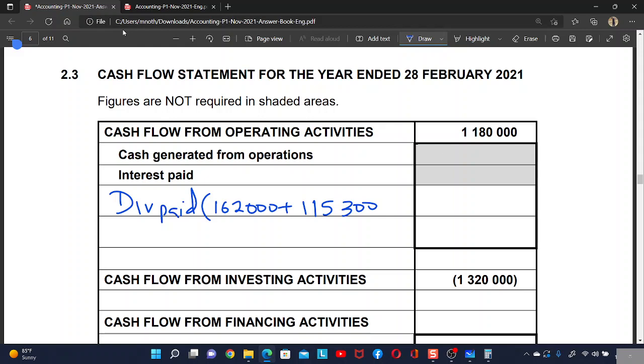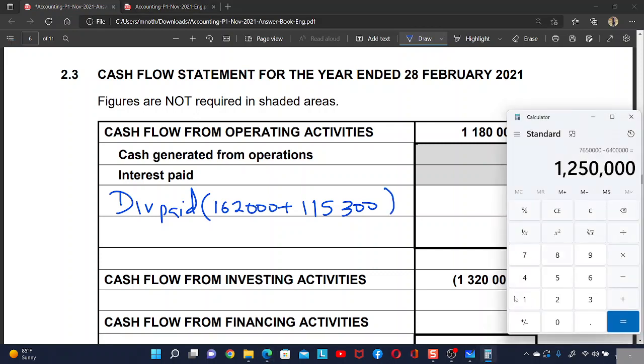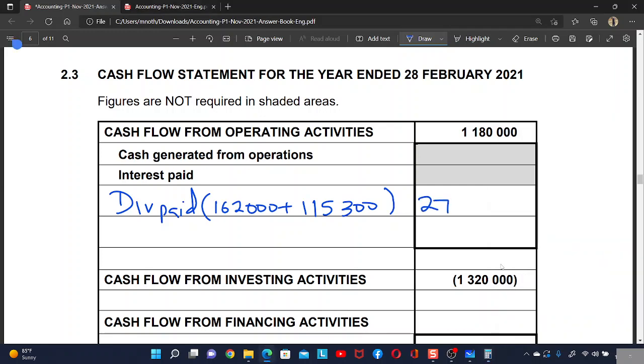And then, to get the money, you say 162,000 plus 115,300, it is 277,300.